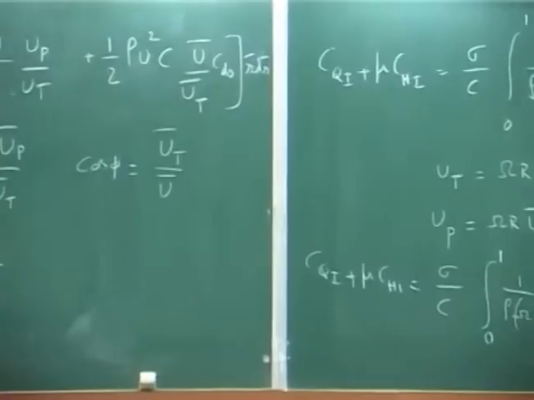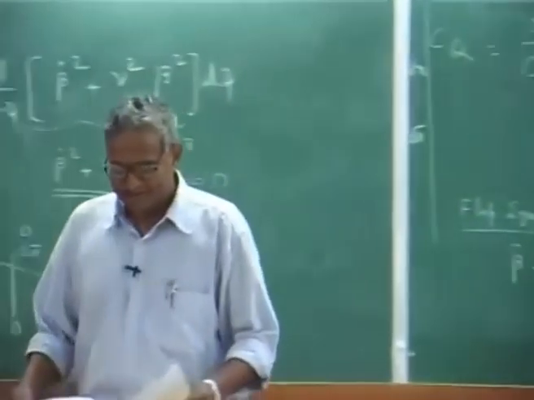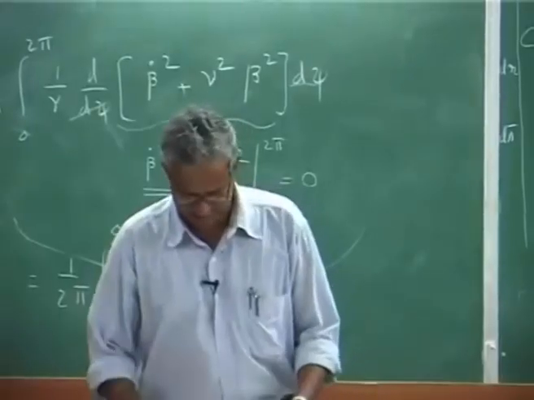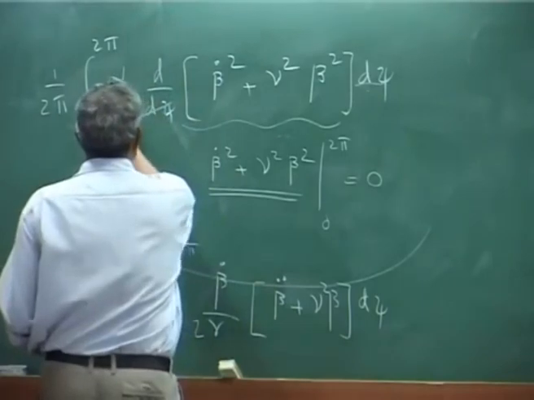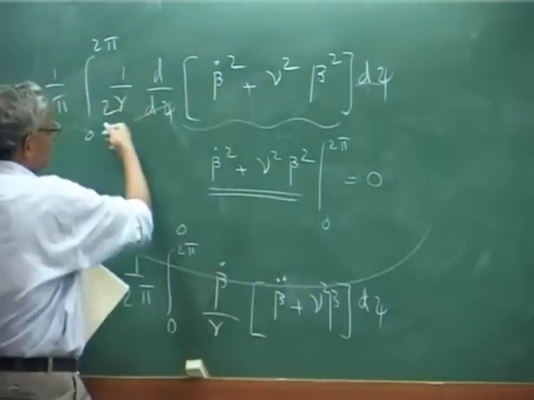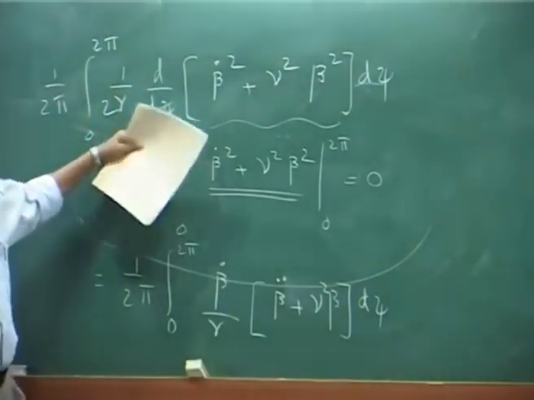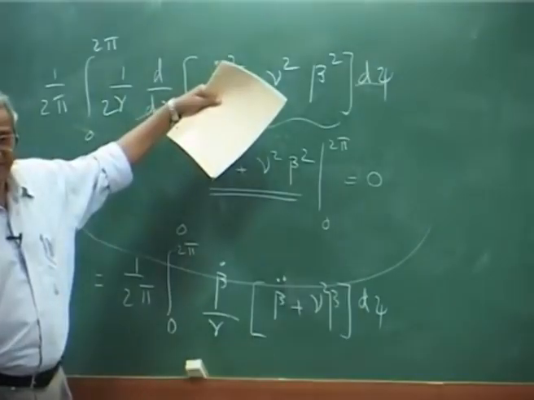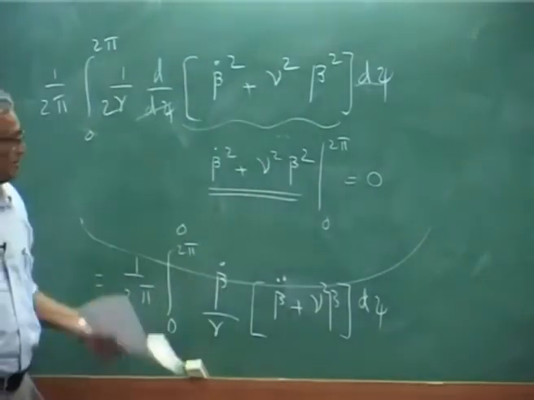Therefore, your CQI plus mu CHI will become a very neat simple expression. Oh, there is a factor 2 here, you can take it. Because it is a d by d psi of a square, 2 beta dot beta double dot, so the factor 2 cancels out.